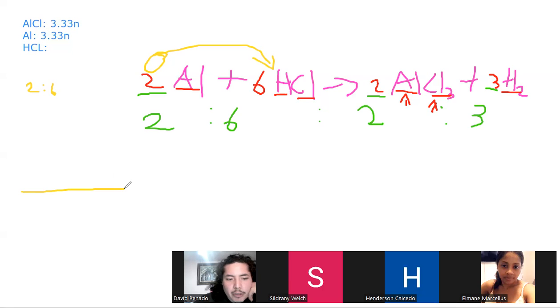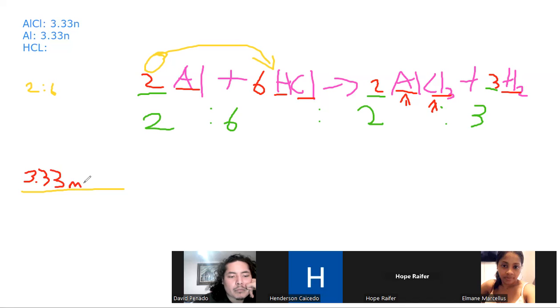All right, so what's the first thing we got? What goes here? The 3.33. 3.33 of what? Moles of aluminum. Yeah.